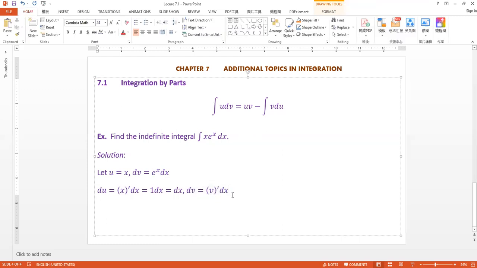So we have dv equals e to the x dx, but at the same time dv is v prime times dx. So what it says essentially is v prime is equal to e to the x, isn't it?